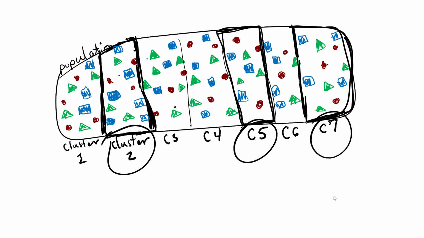Here, I randomly sampled floor 2, floor 5, and floor 7. And then everybody on that floor gets into your sample. So in random cluster sampling, you're randomly selecting clusters as your sample. In stratified random sampling, you're stratifying first and then taking the random sample from inside the strata.